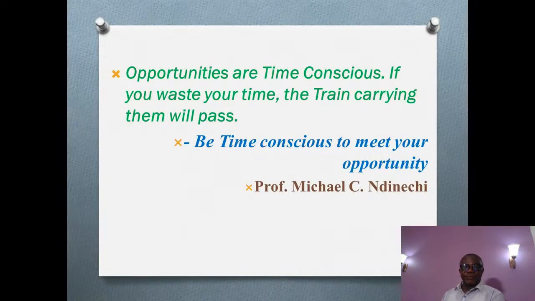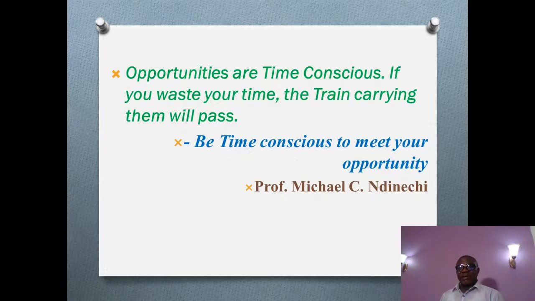But before we go, I want you to know, as a student listening to me, that opportunities are time conscious. If you waste your time, the train carrying them will pass. So you have to be time conscious to meet your opportunity. You have an opportunity to do something. If you don't do it on time when you're supposed to do it, then you miss it out because opportunity moves with time.